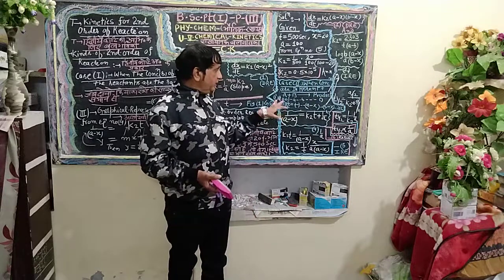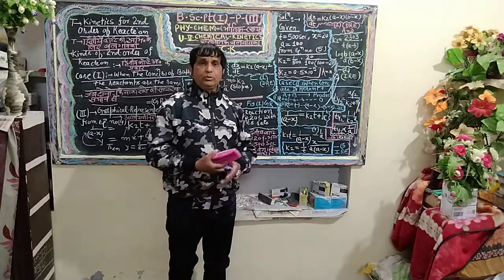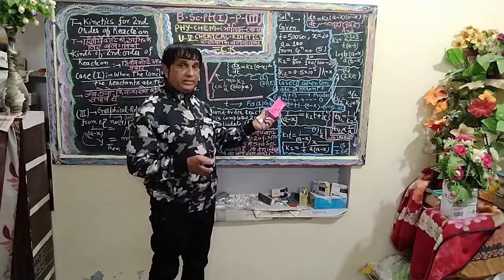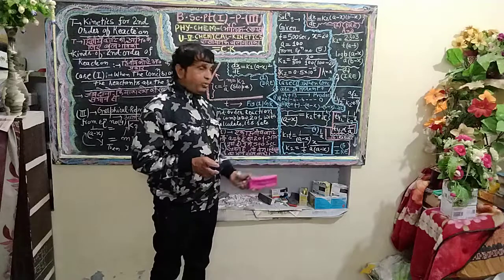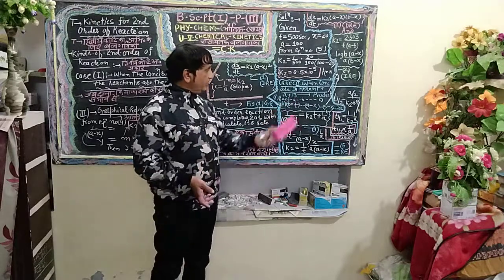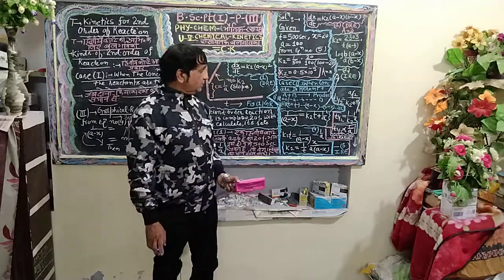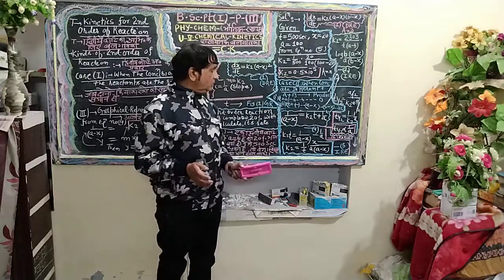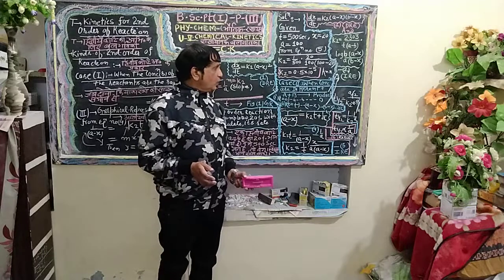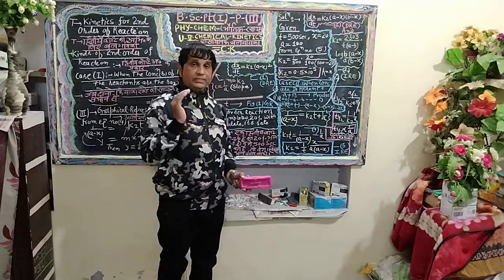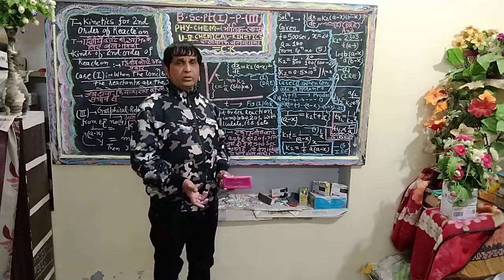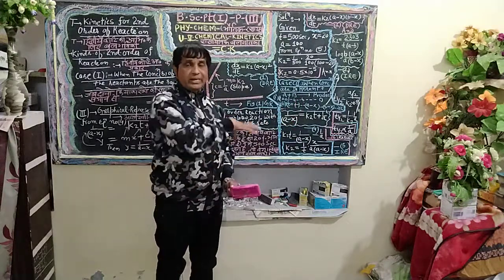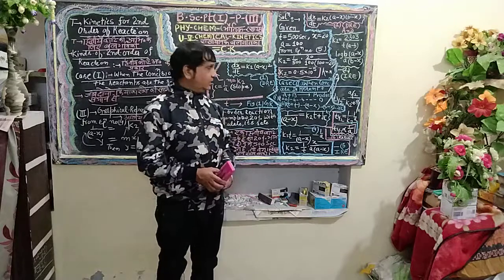At initial time t is equal to 0, A has initial concentration a mole per liter, and B has concentration b mole per liter, while the product has 0 concentration. This is the second order case.